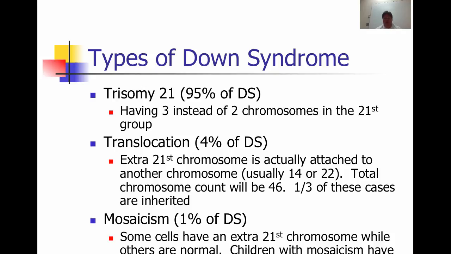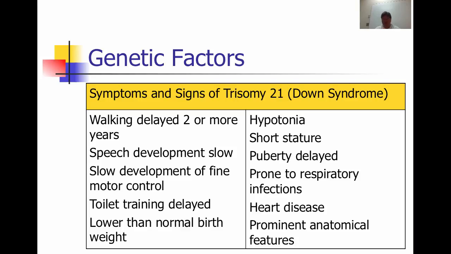So I don't know how much of this is really important for you to know, but I would just hope that you recognize or take from this slide that there are 3 types of Down syndrome and that trisomy 21 is the most common. So as we look at trisomy 21, the most common features are that walking is delayed by 2 or more years, that speech development is slow, that there's slow development of fine motor control, toilet training is delayed, lower than normal birth weight, hypotonia, short stature, puberty is delayed.